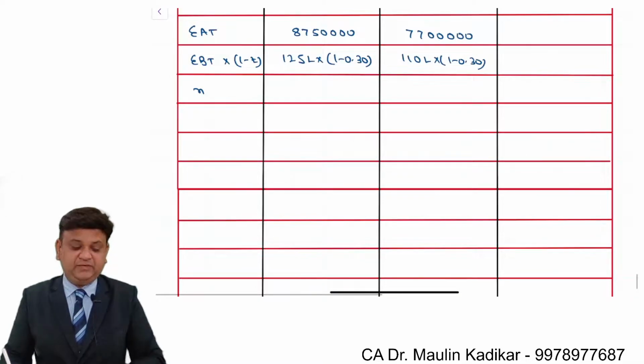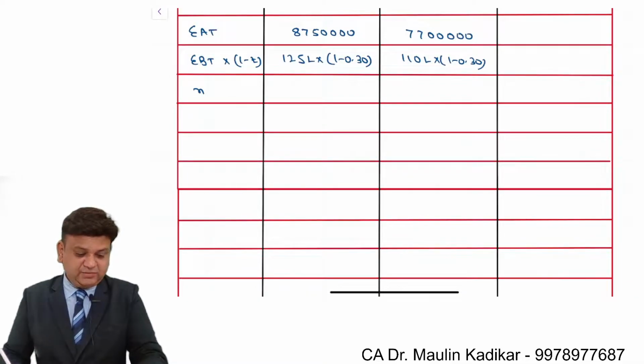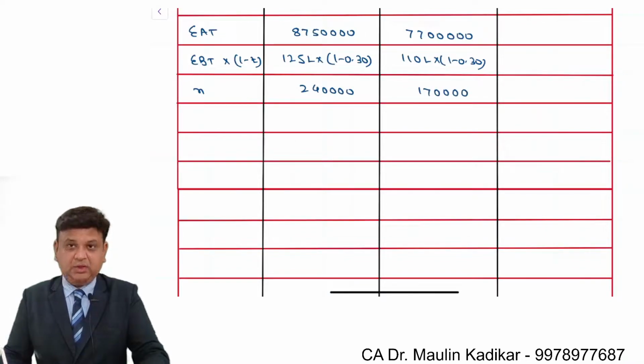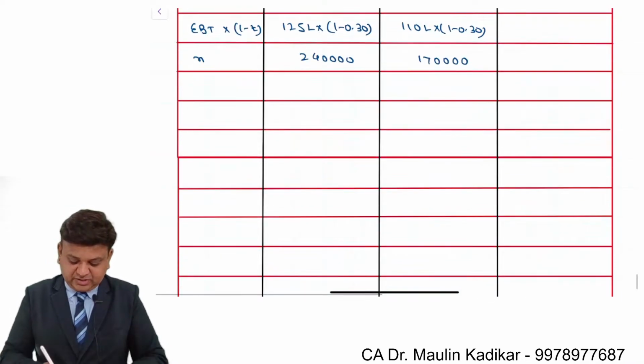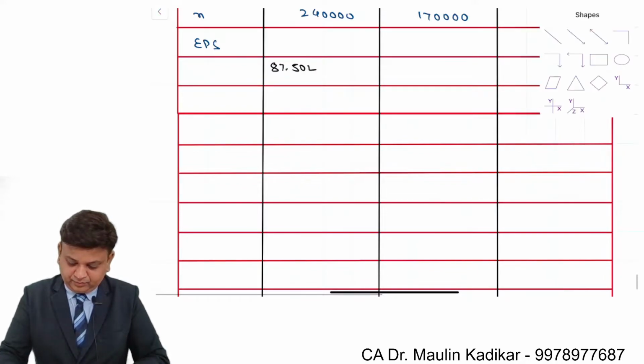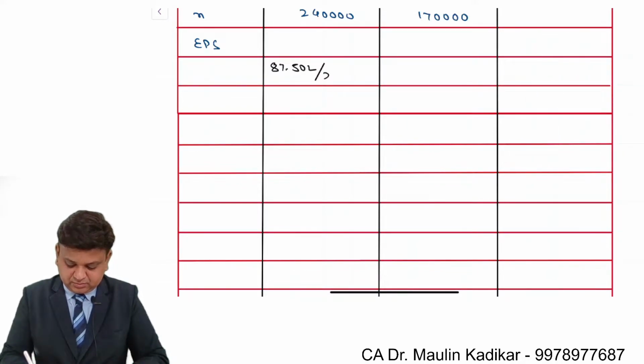The same would be divided with the number of shares. Number of shares of AB Limited is 2,40,000, and for CD Limited it is 1,70,000. Earning after taxes divided by number of shares will give earning per share. So it is 87,50,000 divided by 2,40,000.